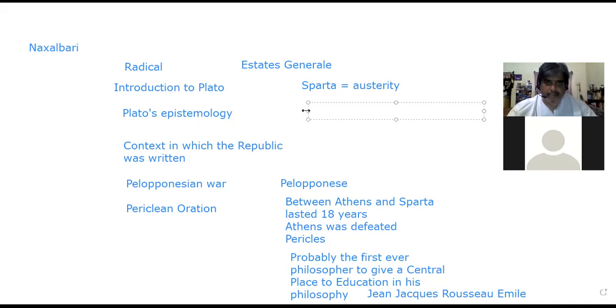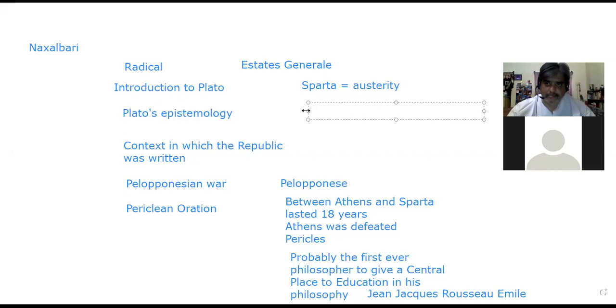Okay, but what is the press called? The press, the media now, we should call it the Fourth Estate. So which are the first three estates?